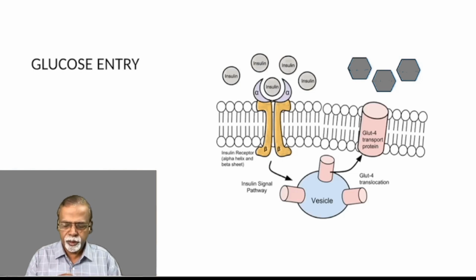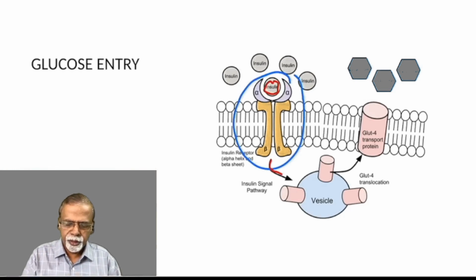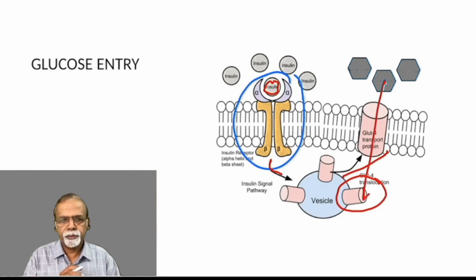So here is a little more explanation. Here you can see the receptor for insulin. Insulin attaches to the insulin receptor that will induce insulin signal pathways, and that will lead on to activation of the glucose transporter, especially GLUT4. This will come to the surface and attach to the membrane, and now the glucose can enter the cells.